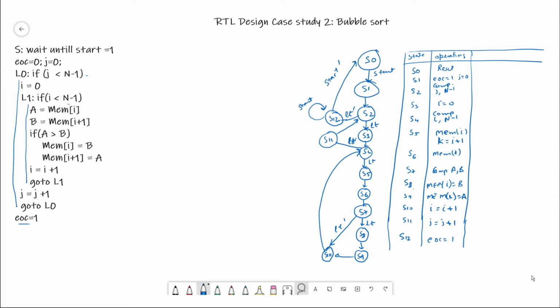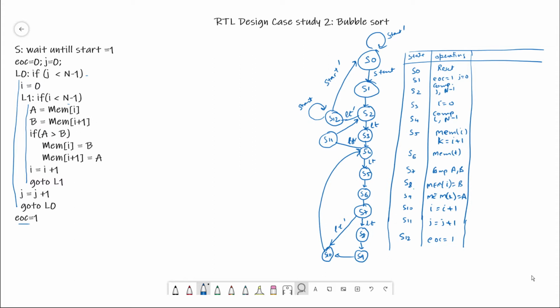And you see the state machine is more or less complete, because at S0 there are two signals, start and start bar. So we know that if start is there, start, if it is start bar, then it will still remain in S0 state. From S0 to S1, and from S1 it is always going to S2 state.